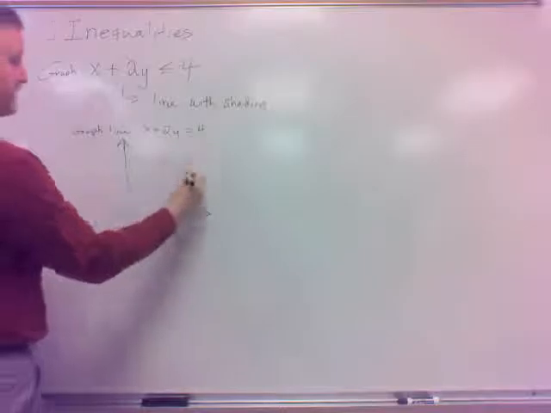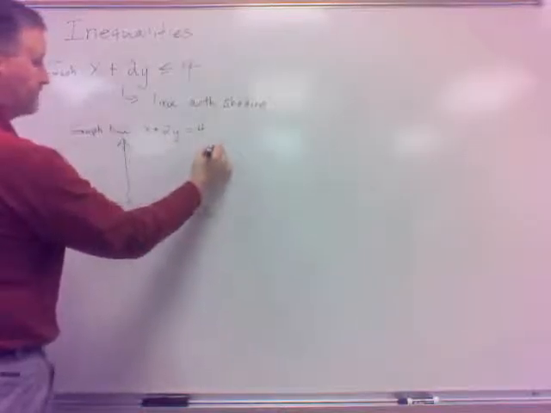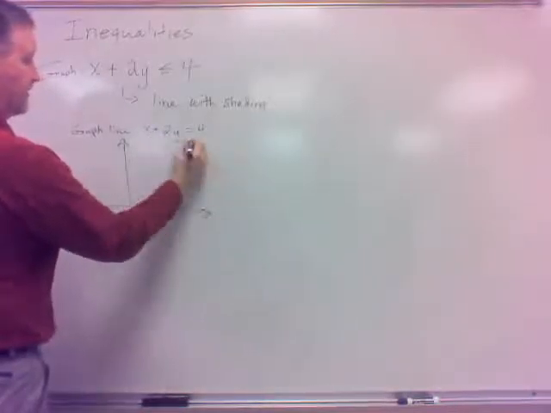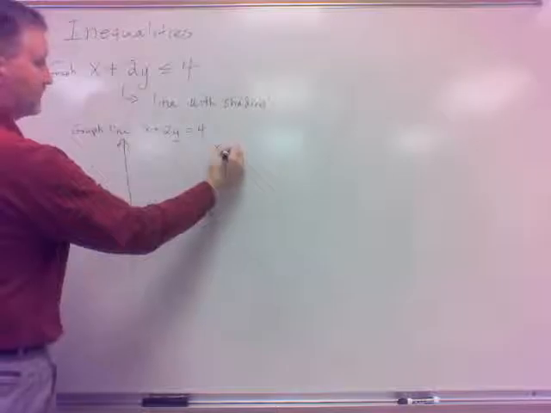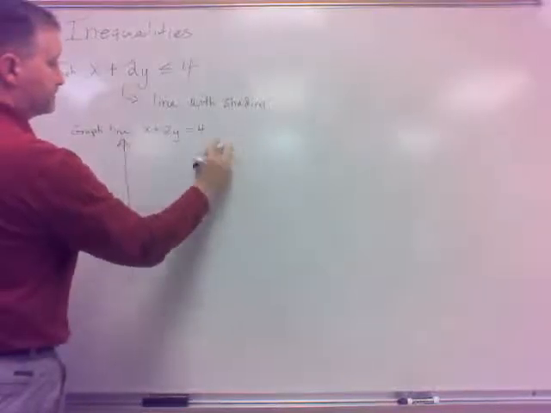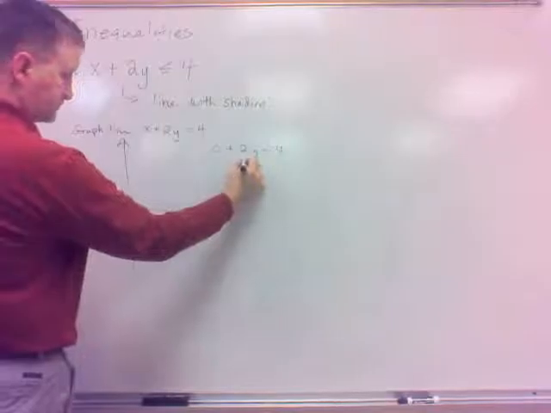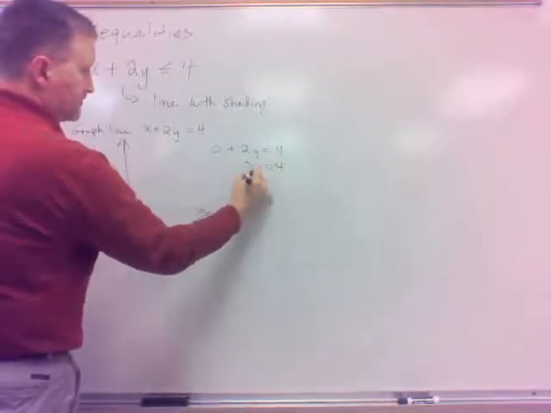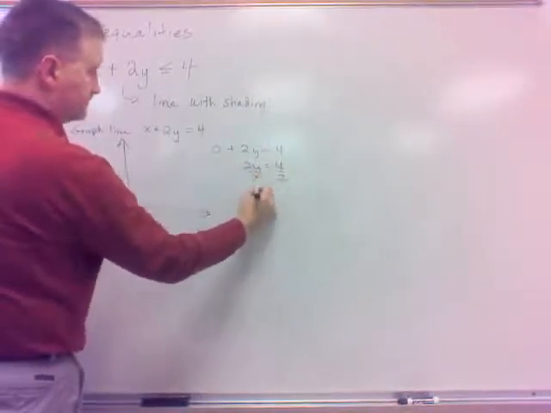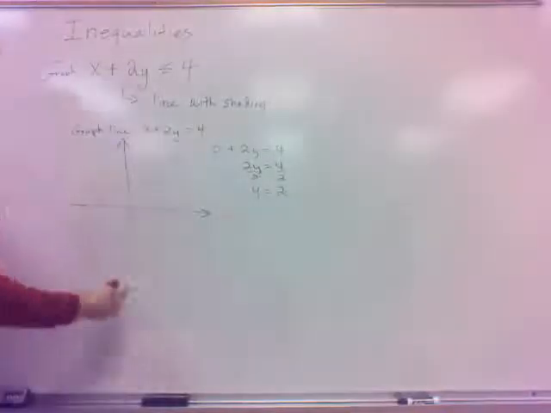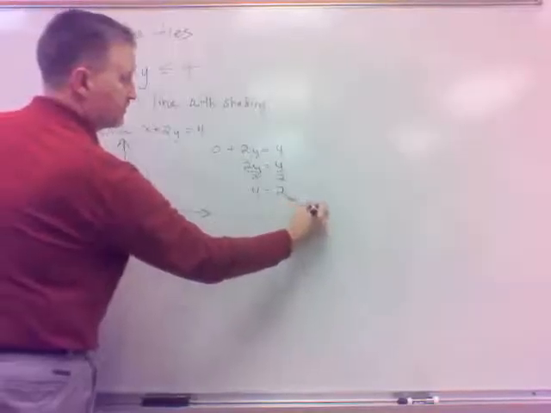Give me 2 points out of that. And the intercepts are good ones to find there. Your y-intercept, set x to be 0, so I'd have 2y equals 4. So I have the y-intercept is 2.